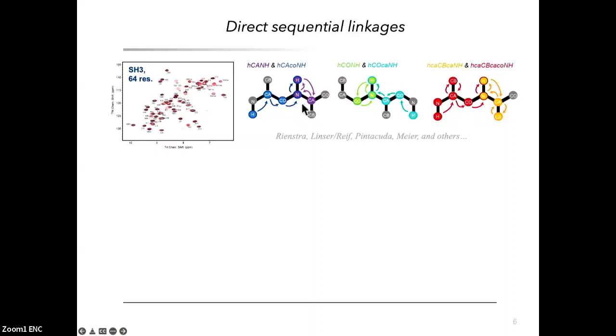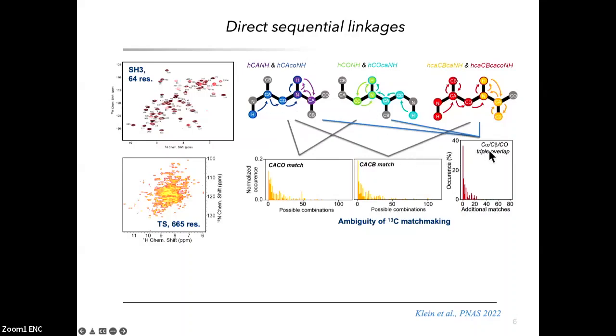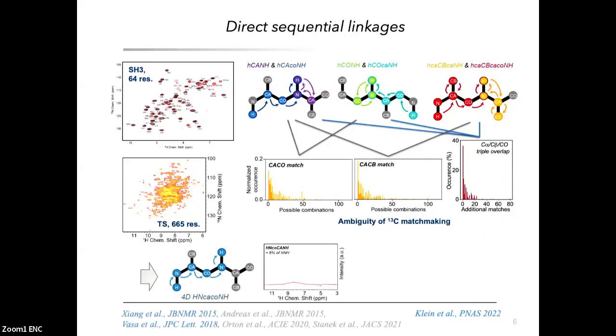That in comparison to these ones, which work for small molecules, for big molecules we really have lots and lots of overlap, even if we have matchmaking using all three of these types of carbon nuclei, CO, CA, and CB at the same time, we still only get 30% of the residues that are linked unambiguously.